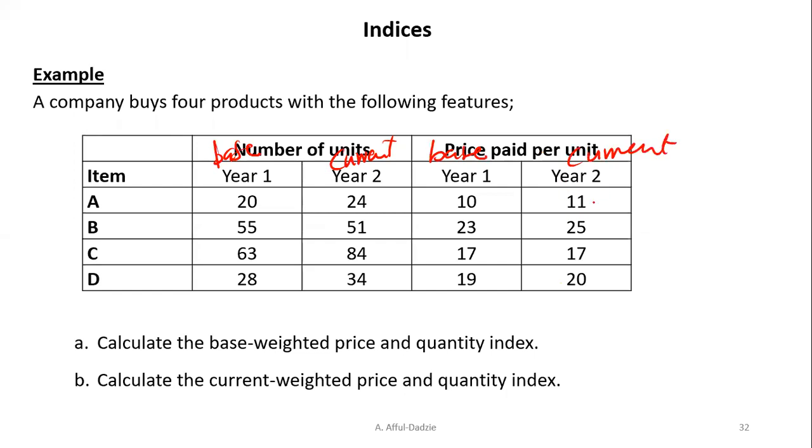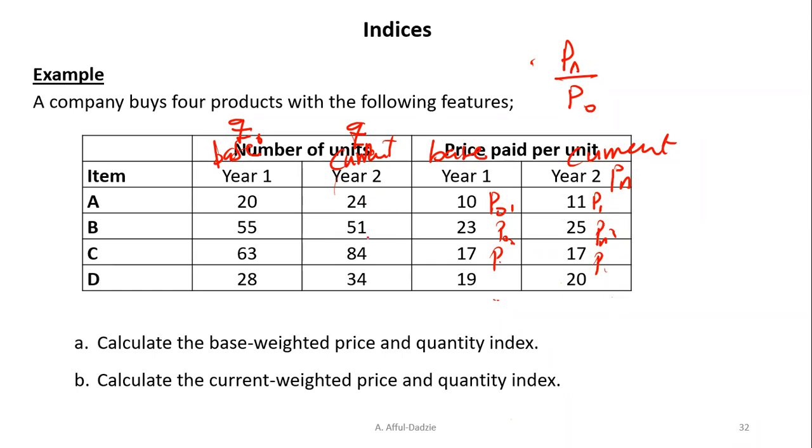If I am interested in the price index, I am looking at Pn over P0, right? So all these will be Pns: Pn1, Pn2, Pn3 in that order. That's why the formula says Pi. This is going to be P01, P02, P03 in that order. Please, are we following? Then this is the quantity. This is going to be the current quantity Qn, and this is going to be the base quantity Q0. So if I'm interested in finding this, it says take the current price, multiply it by the current quantity.